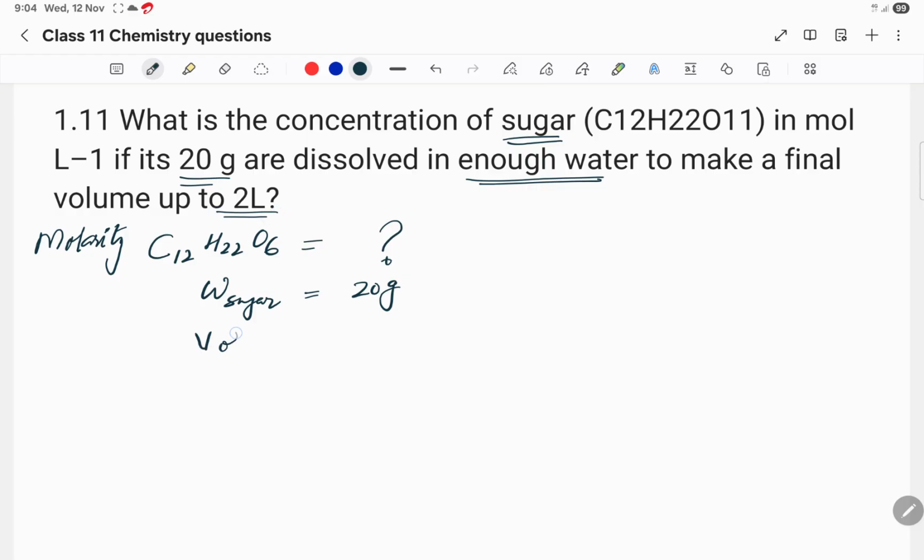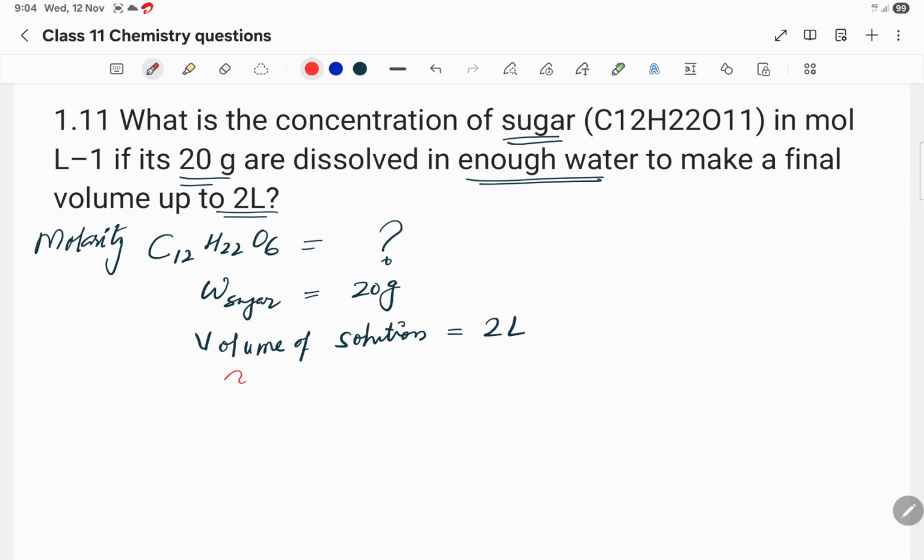So volume of solution has been given. Okay, the volume of solution is 2 liter. Okay, we do not need water, because it is a molarity. From the formula you will get to know that we do not need the volume of water, we do not need the mass of the water.